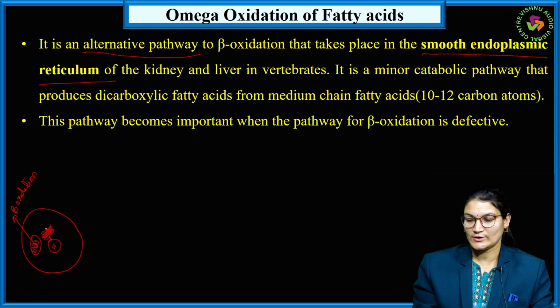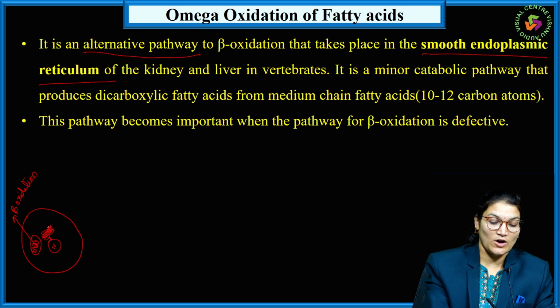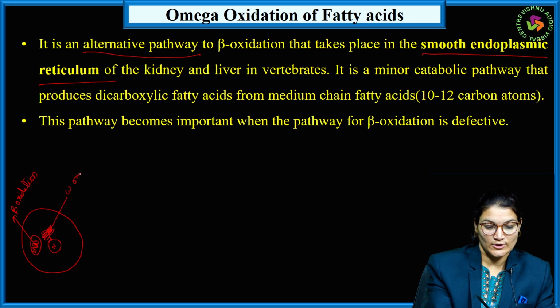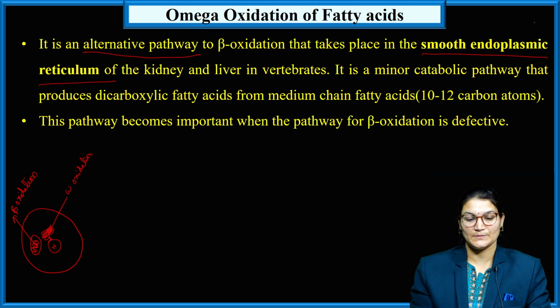There are two types of endoplasmic reticulum: rough endoplasmic reticulum, which contains ribosomes, and smooth endoplasmic reticulum, which does not contain ribosomes. Omega oxidation of fatty acids occurs in the smooth endoplasmic reticulum. Remember these areas: beta oxidation occurs in mitochondria and omega oxidation occurs in smooth endoplasmic reticulum.